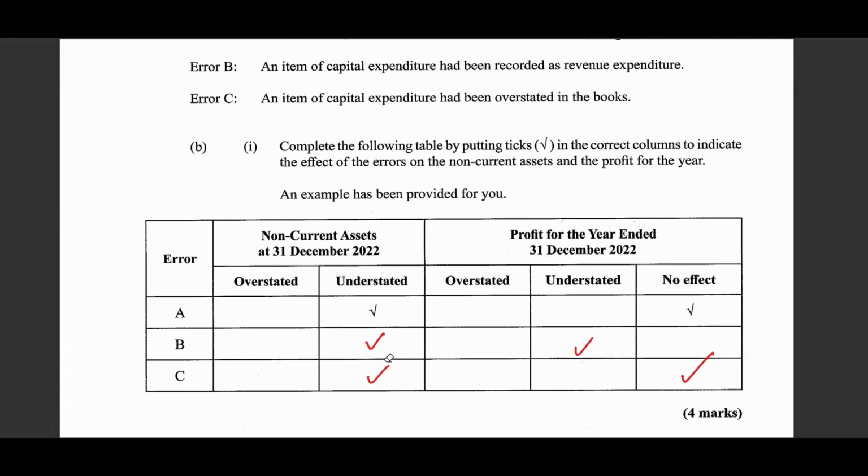So this would have been overstated because our non-current assets would have been too much. And effect on profit, well, this is a capital expenditure. It does not affect your profit, so therefore no effect. Good job.